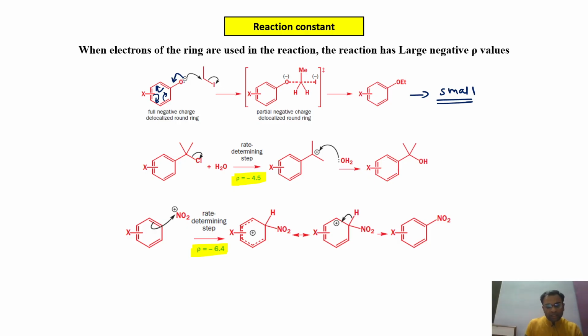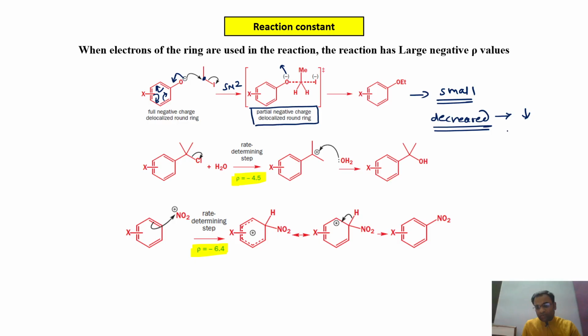But when this phenoxide anion reacts with ethyl iodide by a simple SN2 reaction, the negative charge becomes a partial negative charge, and therefore the extent of delocalization of this negative charge is now decreased. It means that the electron density towards the reaction center is decreased, and therefore it will have a very small rho value.